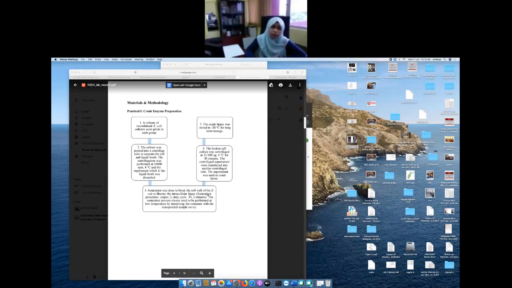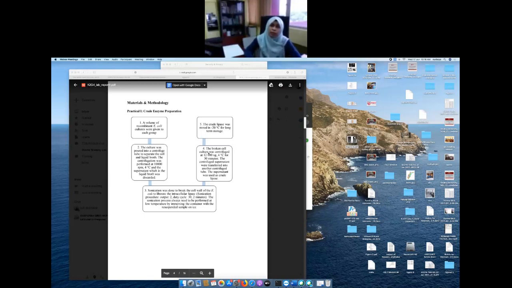So now, once we have extracted the cell, the cells, of course, will be broken. Once the cell is broken, everything inside the cell will be released to the buffer, I mean to the environment. Okay, so what happens, we centrifuge the cell, to pellet down all the broken cell, all the debris.